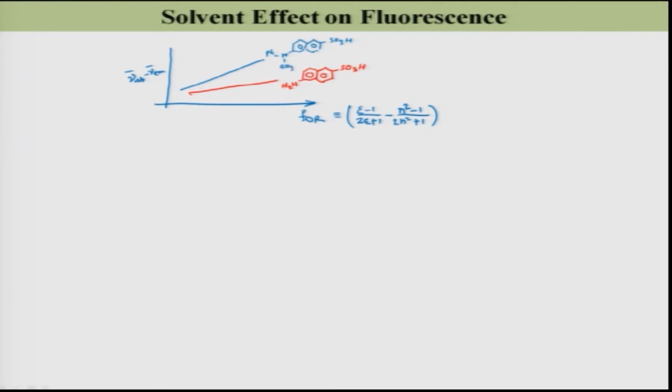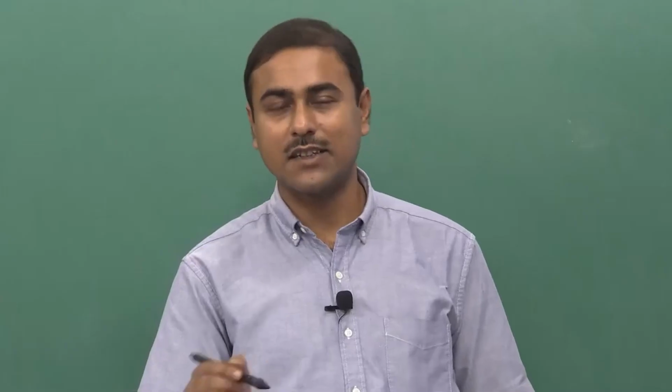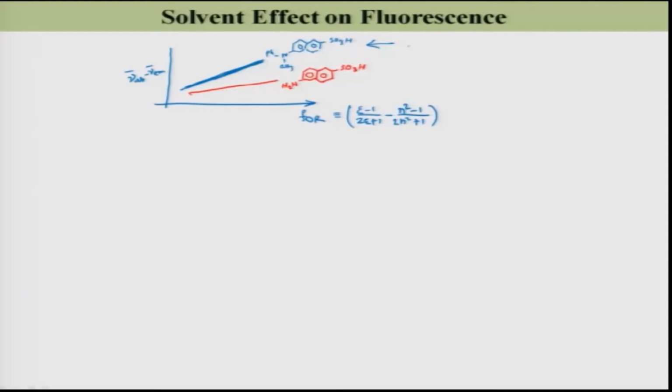In this case I got the slope is more compared to the other. It simply means that the change in the dipole moment, that means mu e minus mu g, is more for this molecule. So, mu e minus mu g is high, that is, the change in the dipole moment is more where the dependence is more.